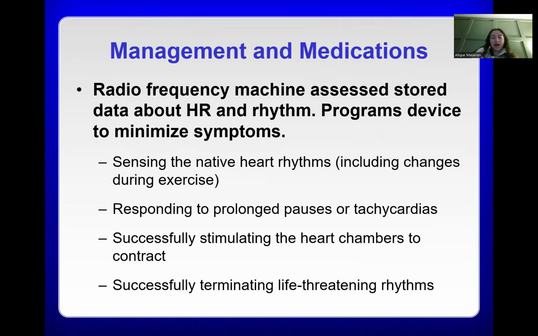Continuing with that, I thought this was pretty interesting to share with everyone. Cardiologists, or the people that work with these populations who have pacemakers, use a radio frequency machine and it assesses the stored data from the pacemaker about the individual's heart rate and their heart rhythm. And then they also can program a device to minimize symptoms that are, again, very individualized for each person.